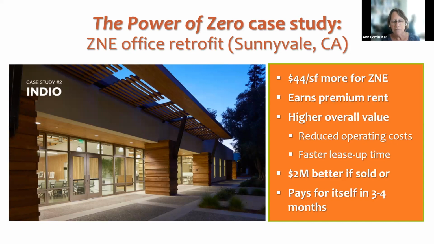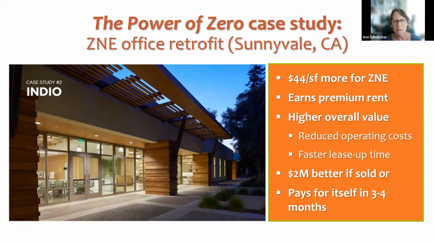This is a building in Silicon Valley that some of you might even be familiar with or have toured. The Indio office building, this is a retrofit. And they did cost more to achieve ZNE, but they've, as you can see, gotten their money back and then some through adopting this strategy.